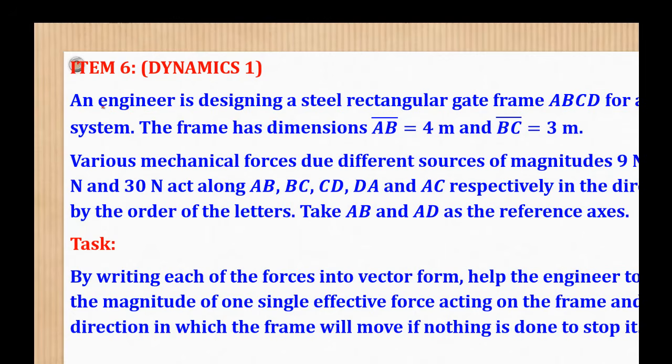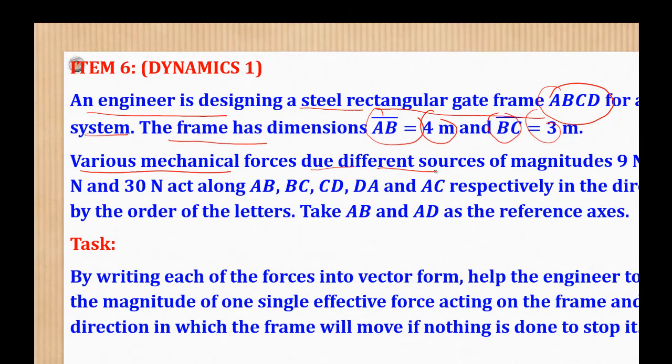Then item 6 says, an engineer is designing a steel rectangular gate ABCD for a drawbridge system. The frame has dimensions AB as 4 meters and BC as 3 meters. Various mechanical forces may have different sources of magnitude.